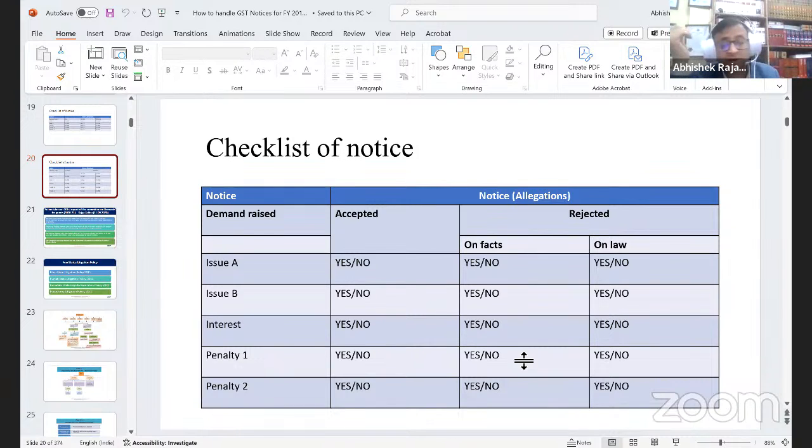Usually it has been said that you should marshal the facts. If we don't agree with any position the department has taken against us, or they have come with allegations against us, if we want to challenge it on the basis of facts, then it could be a different thing. If we want to challenge it on the basis of law, then it could be altogether different.